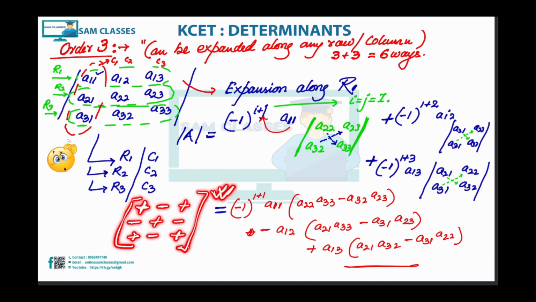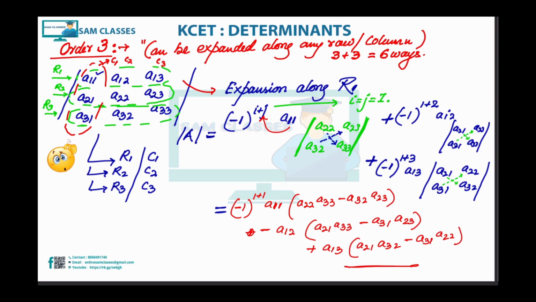Or you can check: if the sum of i and j is odd, then it is negative. If the sum of i and j is even, then it is positive. So if i plus j is odd, the whole value will be negative, and if i plus j is even, positive. So nothing more than that. This is the way we expand.